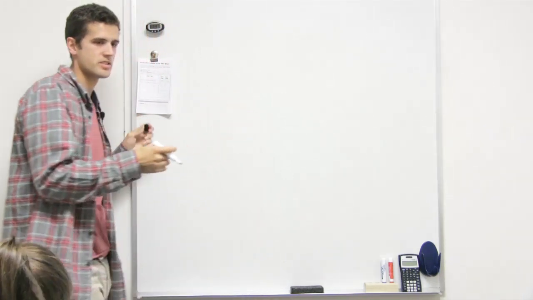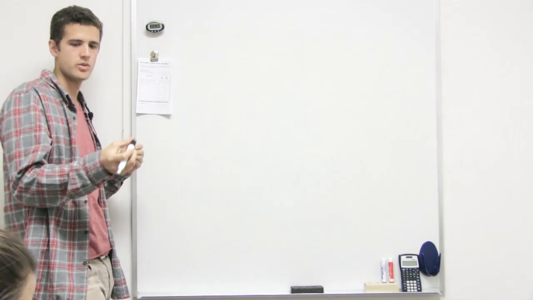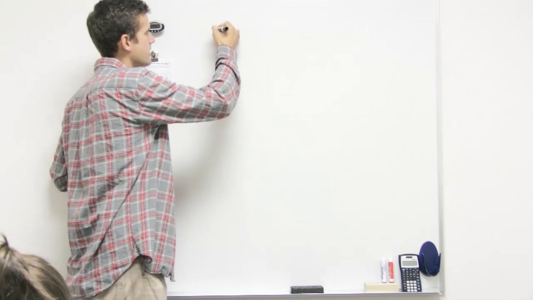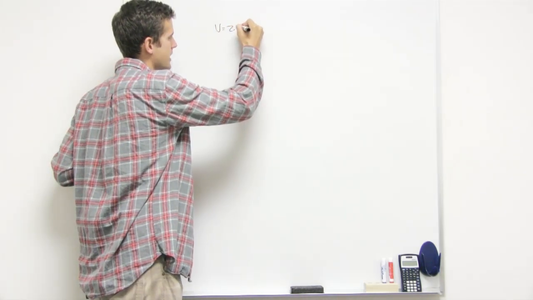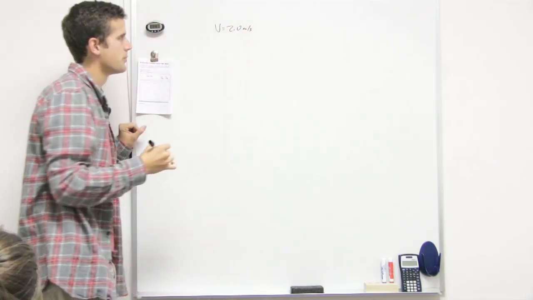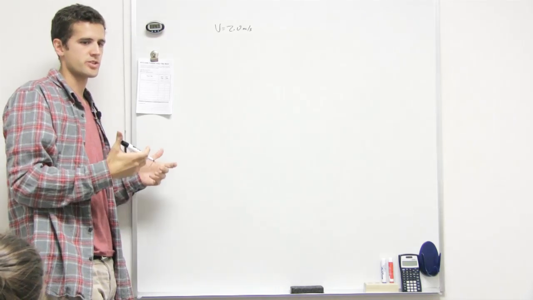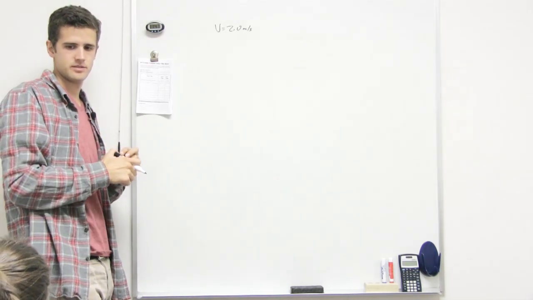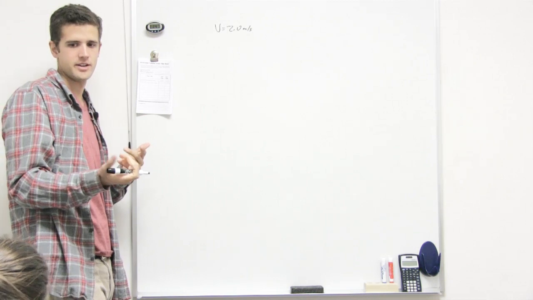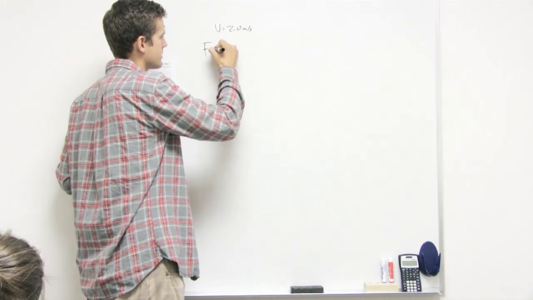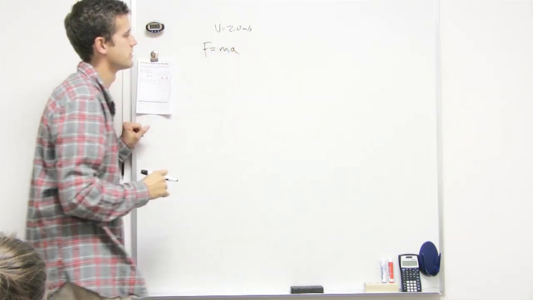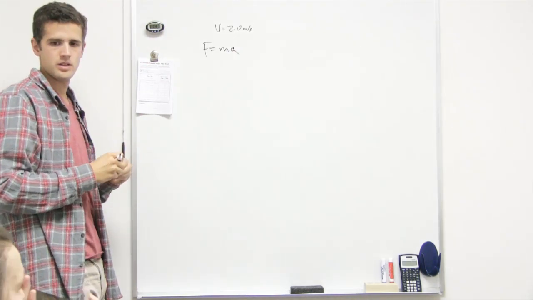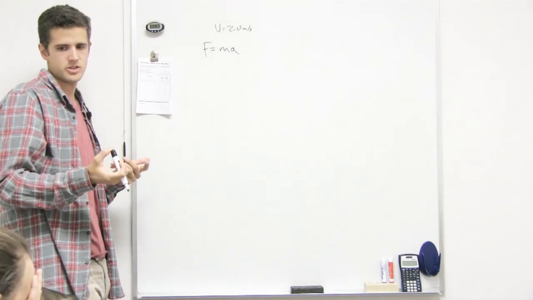A lot of times they'll give us velocities. So they're trying to trick you, and they say the velocity is 2 meters per second. But what equation relates force and velocity? Do we have one? Right, none. We just have this one. Acceleration, but there is no acceleration. Right, because it's going at constant velocity.